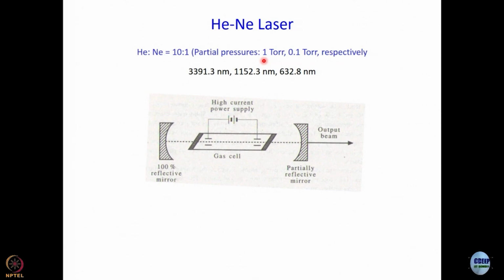All right. So, the way it works is that the first thing that this electric field does is it ionizes helium and neon. It strips the helium and neon atoms of their electrons, typically one electron. So, the ions are produced, He+ and Ne+, that is what we work with.